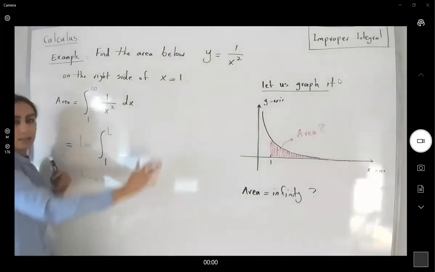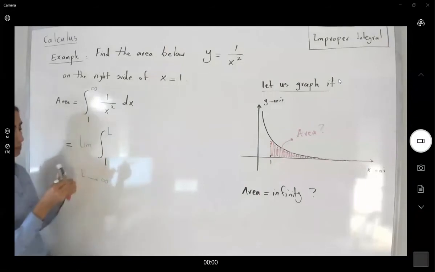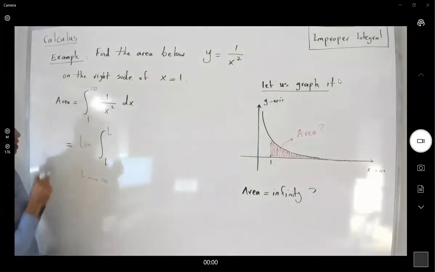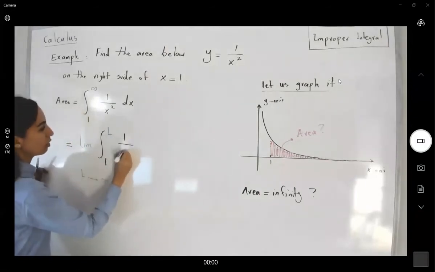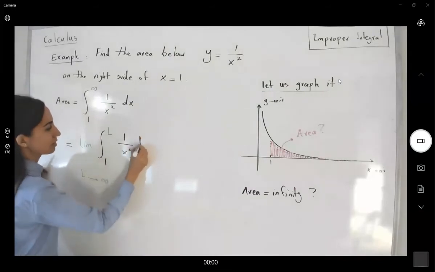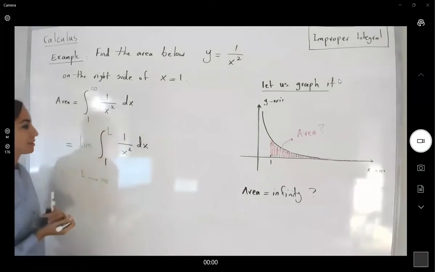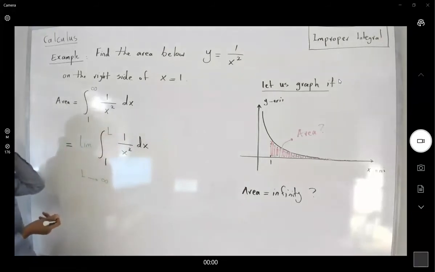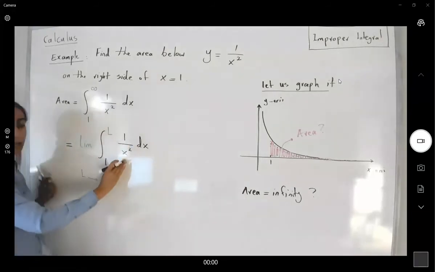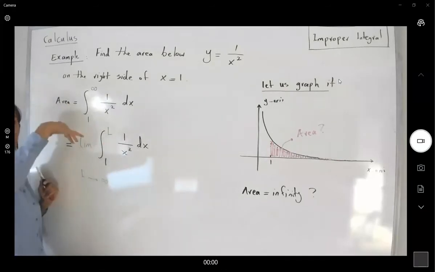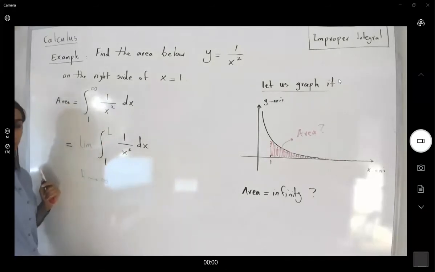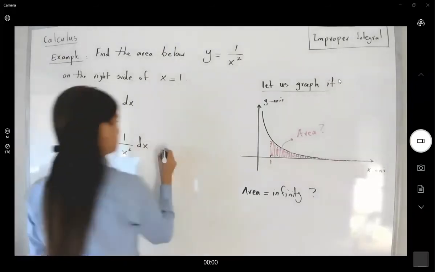We calculate this integral, then we take the limit. Here you have 1 over x squared dx, which is super easy for us to calculate. This is x to the -2, so you get -1 over x.